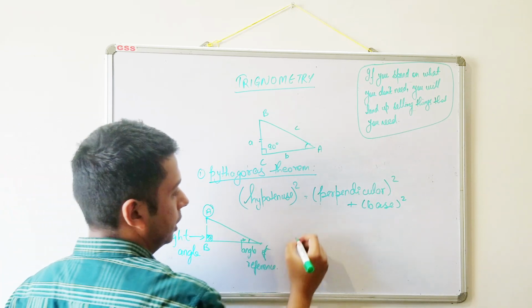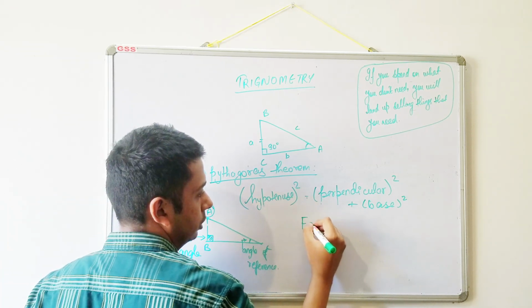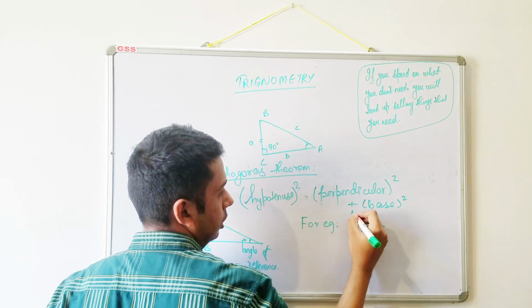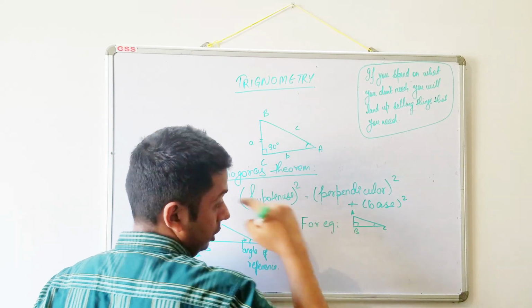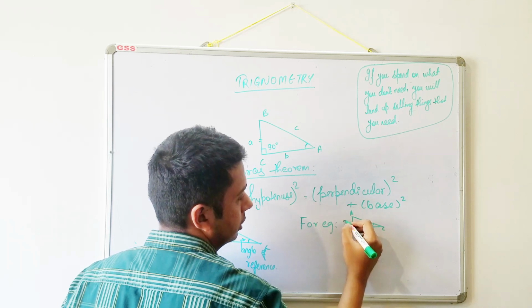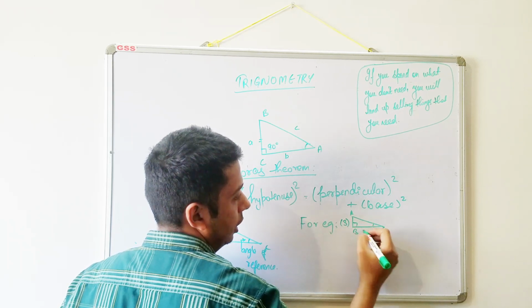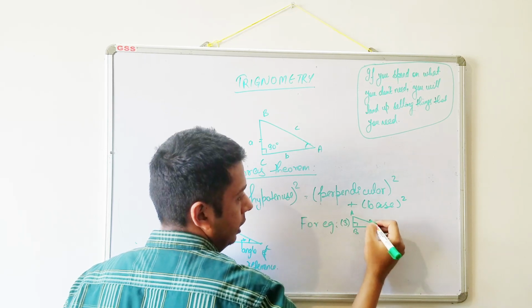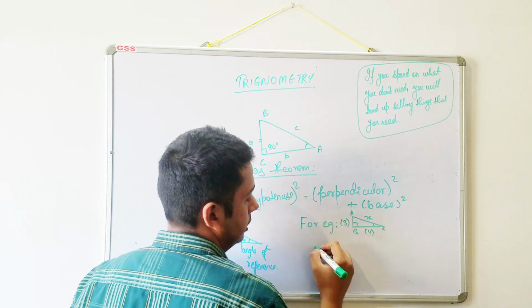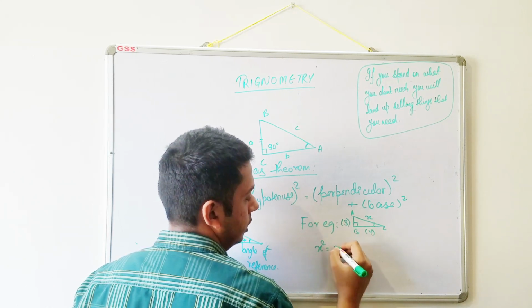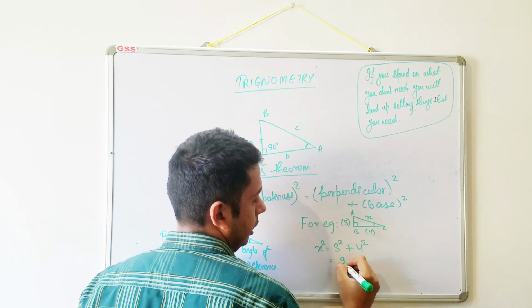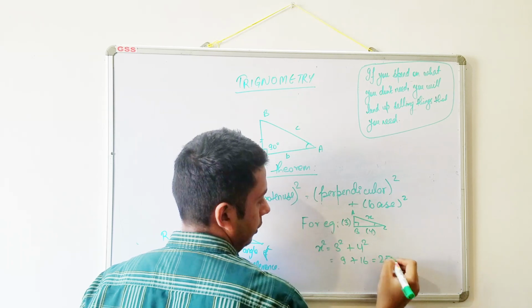So that means in a right angle triangle, if let's say my perpendicular is 3 and my base is 4, and if I have to find AC, so that means I can simply write x square is equal to 3 square plus 4 square, which makes it 9 plus 16, 25.